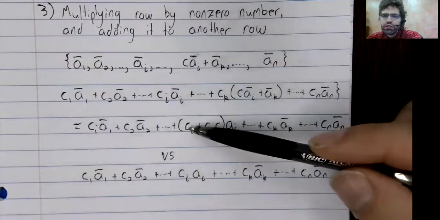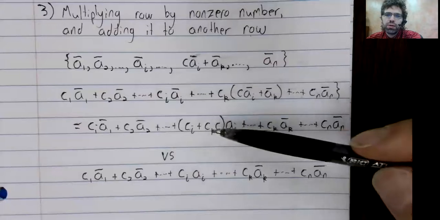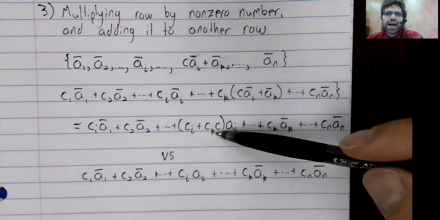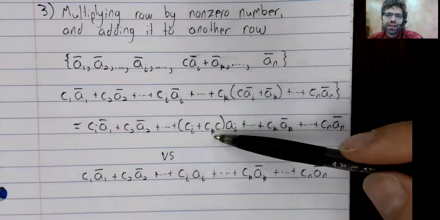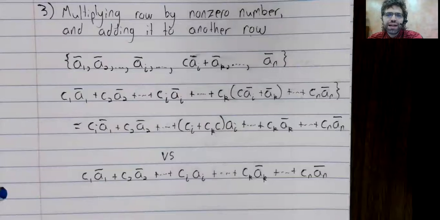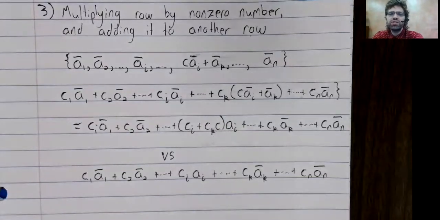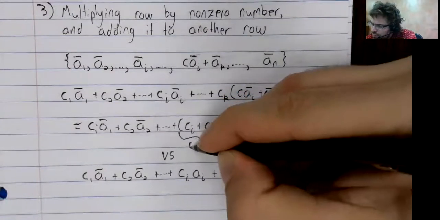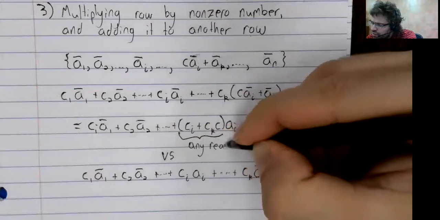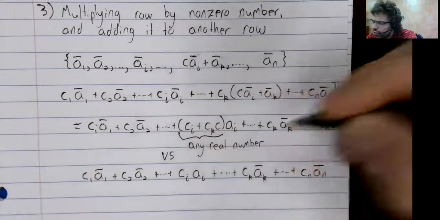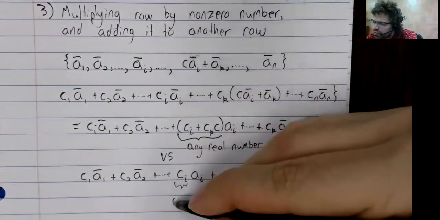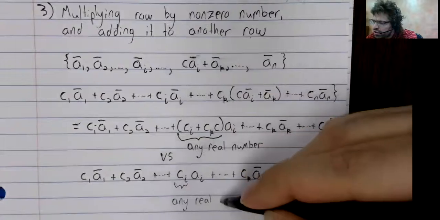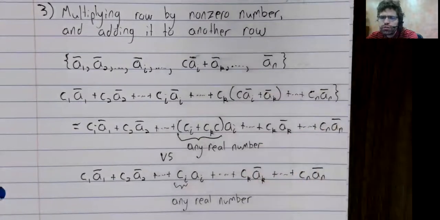And if you have any real number plus any real number times some constant, you can get any real number back again. So if you select your C sub I and C sub k appropriately, we can make this be any real number. This is any real number. Really, these linear combinations are the same.